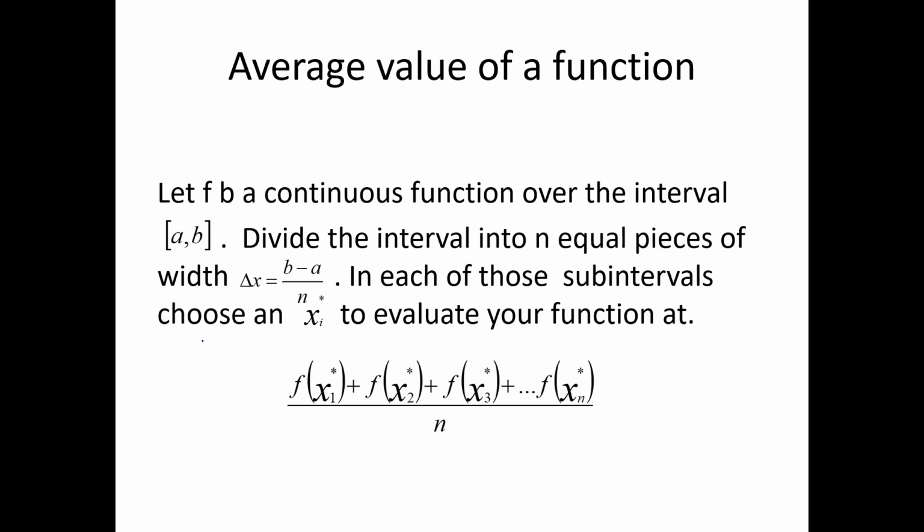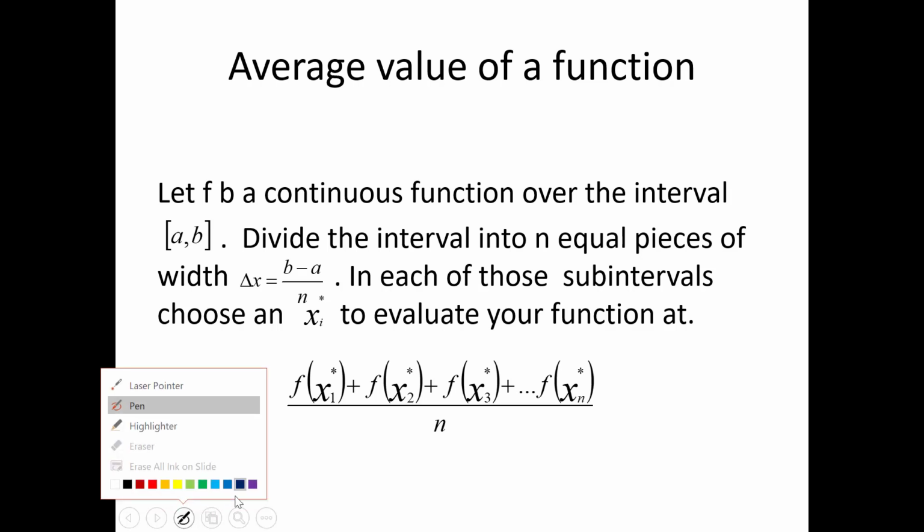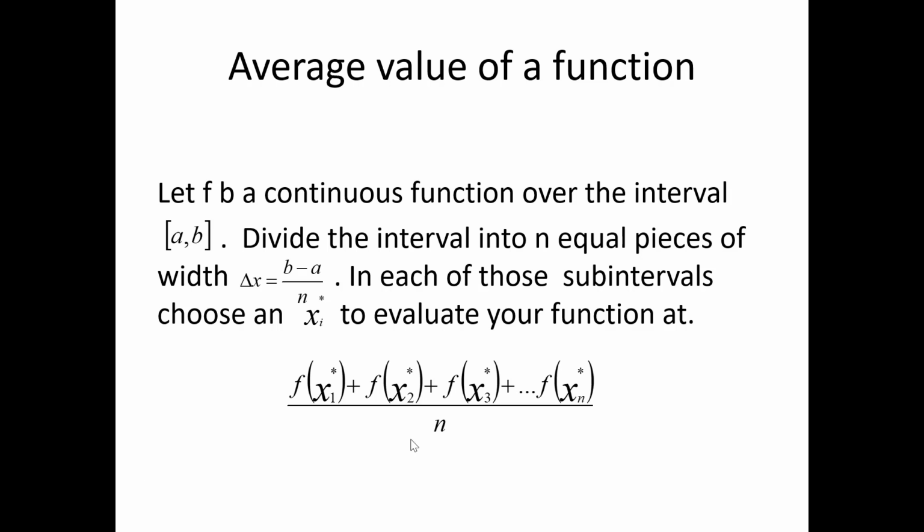This does not. But what we could do is substitute in for n using this formula right here. So this formula, we could solve it for n and write that n is equal to b minus a divided by delta x.